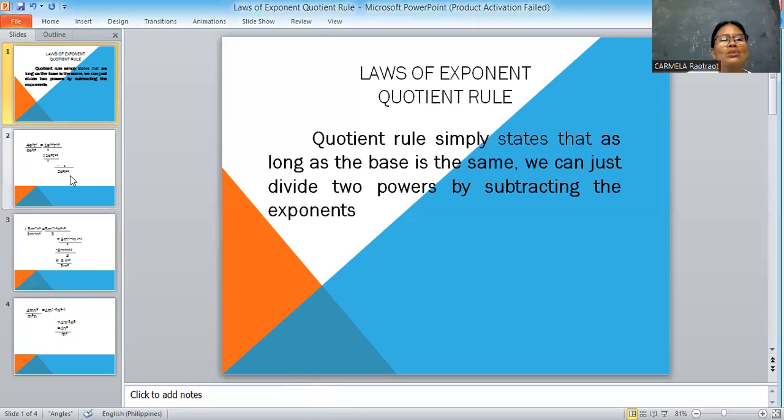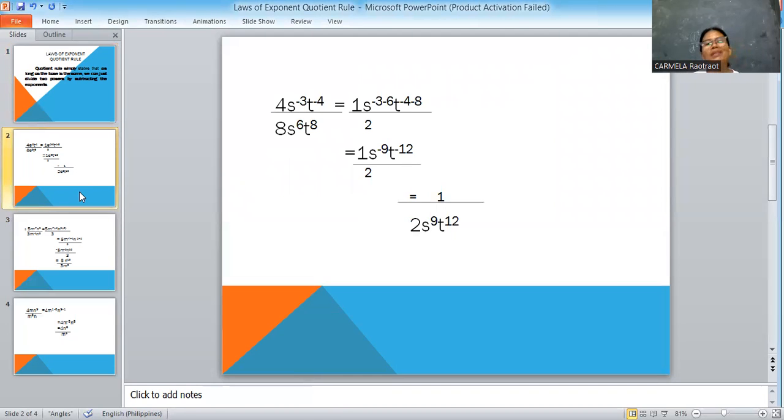The complicated one. We have here 4s raised to the power of negative 3, t raised to the power of negative 4 over 8s raised to the power of 6 and t raised to the power of 8. So, complicated, right? The first thing that you are going to do is look at the numerical coefficient or the constant. You are going to find the GCF.